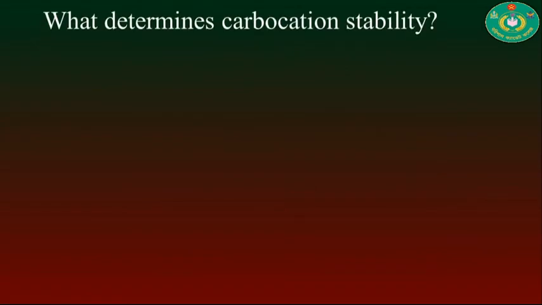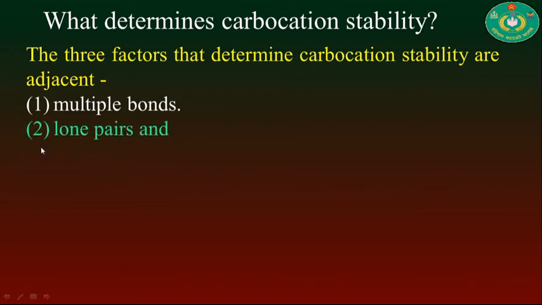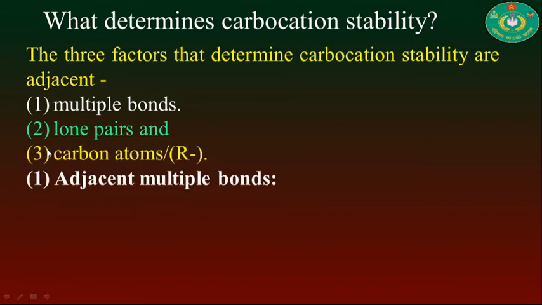Now we will discuss what determines carbocation stability. There are 3 factors to determine the stability of carbocation. First of all, the multiple bonds. Second is lone pair electrons, and the third is alkyl radicals. First of all, we will discuss the adjacent multiple bond.